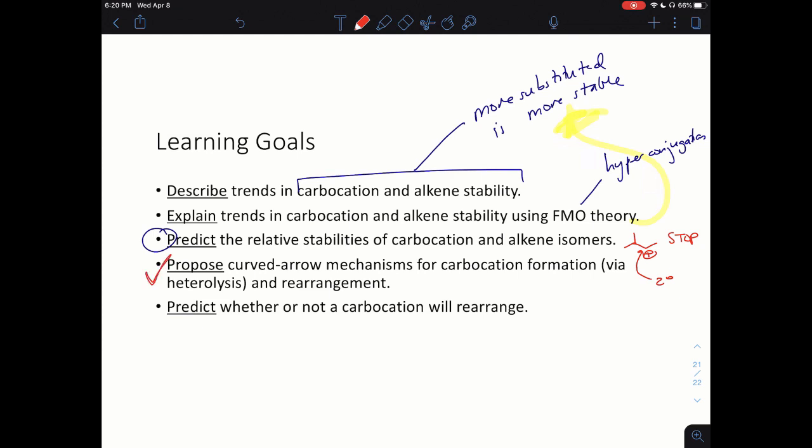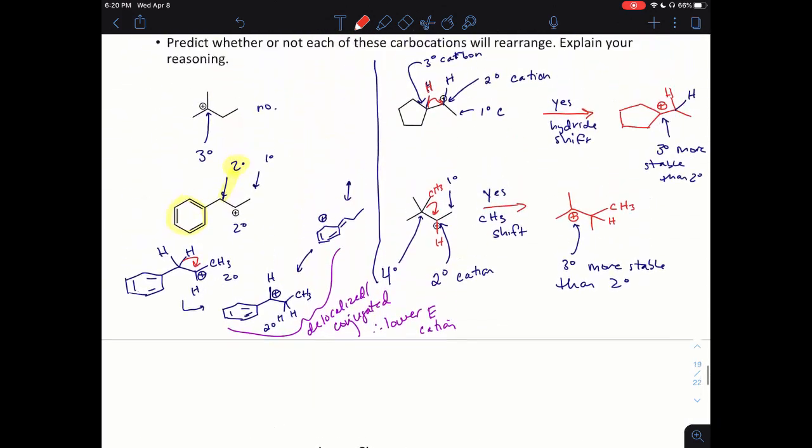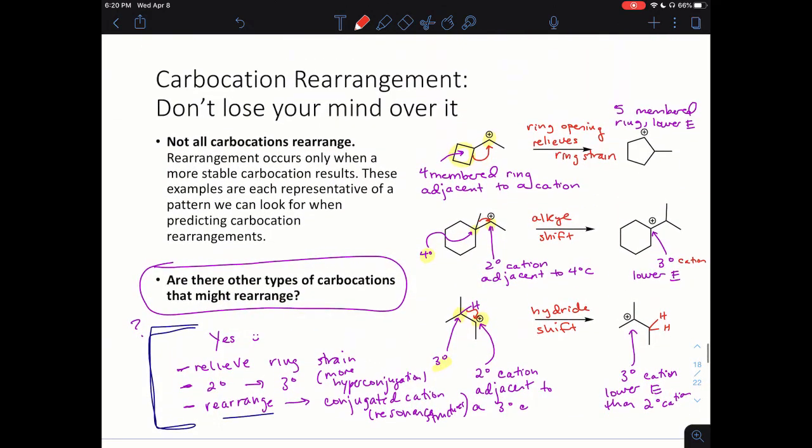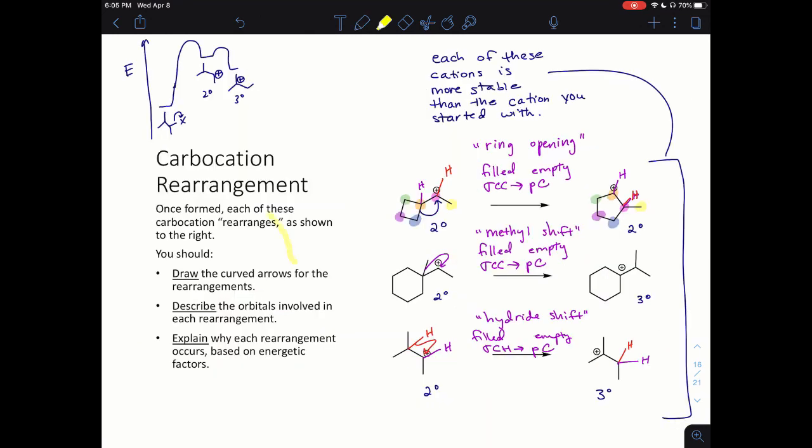Yes, with some practice you can do this. And then predict whether or not a carbocation will rearrange. Remember, we are looking for patterns. I do not want you to be invoking carbocation rearrangements everywhere. Be chill. Look for the patterns. You can do it. All right, time to go practice.